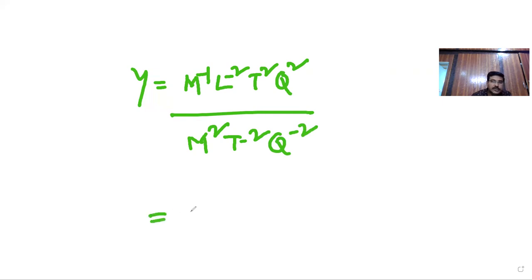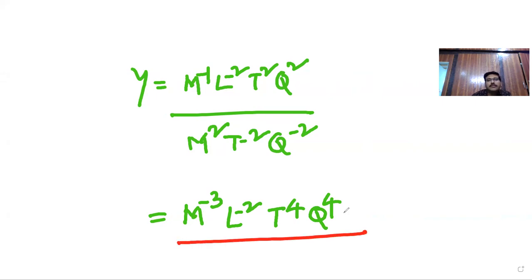So this becomes M to the power of minus 3 L to the power of minus 2 T to the power of 4 Q to the power of 4. This is the required dimension of y.